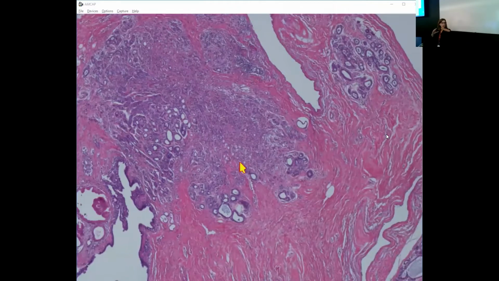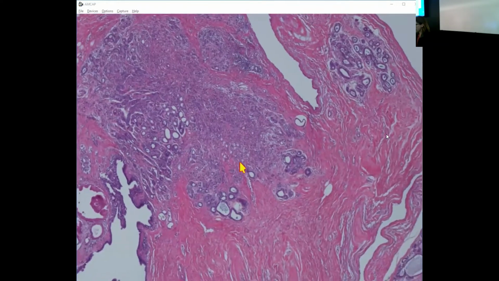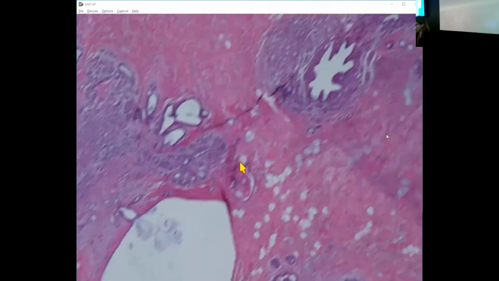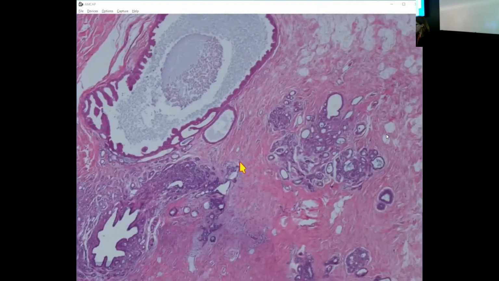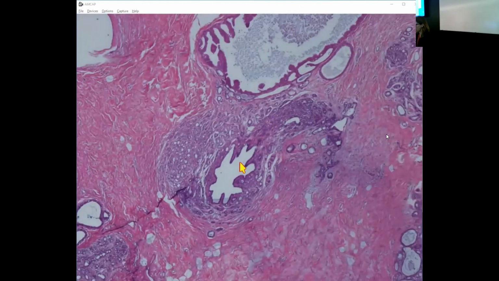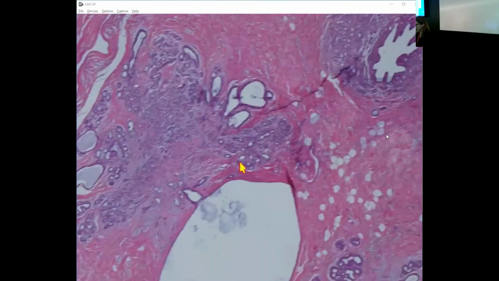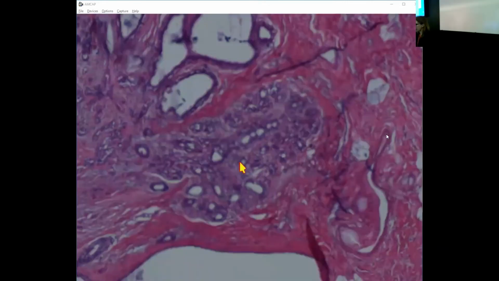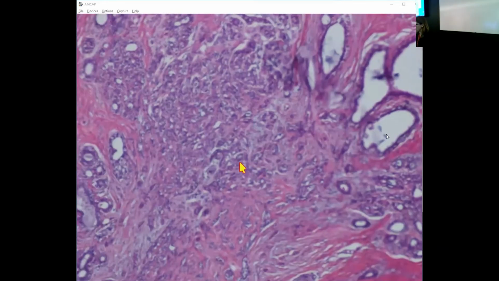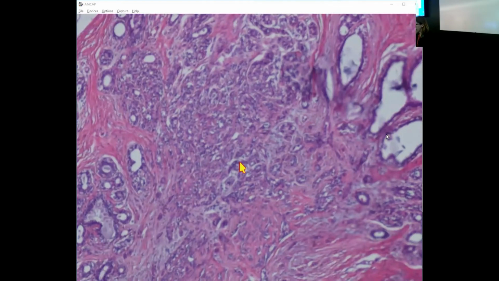Yeah. So that's basically what we've got as a low power impression of these areas that I've shown you: I think it is sclerosing adenosis. I agree with you that the low power scanning magnification view is of sclerosing adenosis. We've got these little glands, a small glandular proliferation.